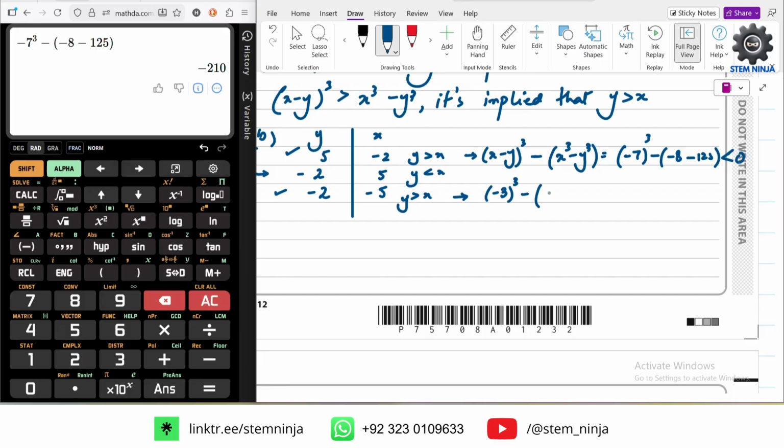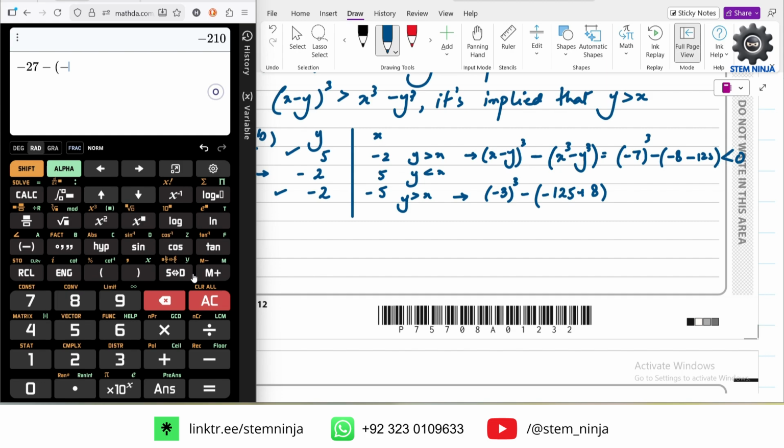X cubed minus 125 minus y cubed. This would become plus 8. So minus 27 minus 125 plus 8.